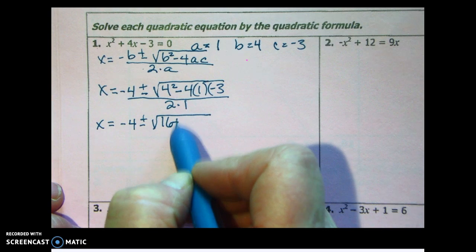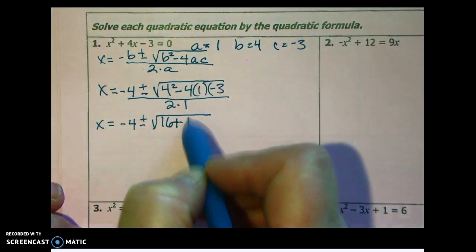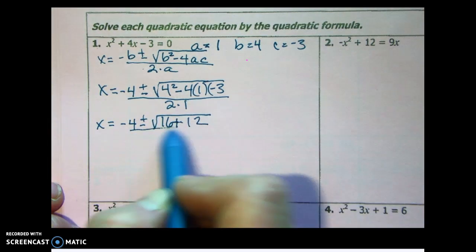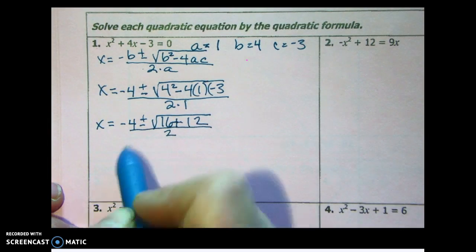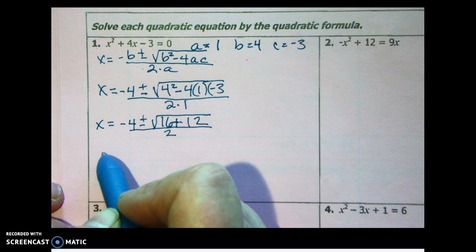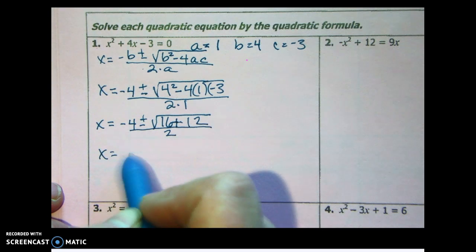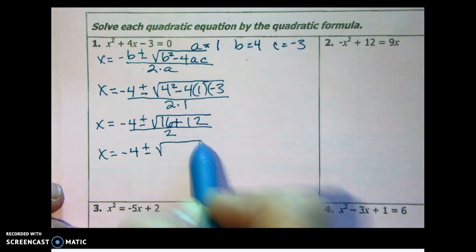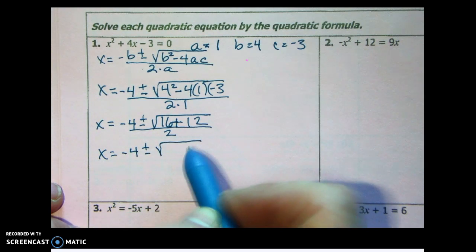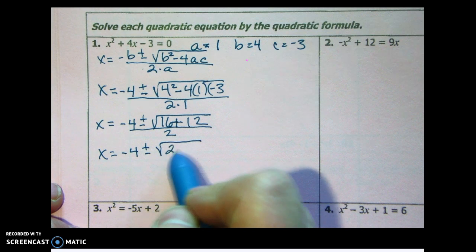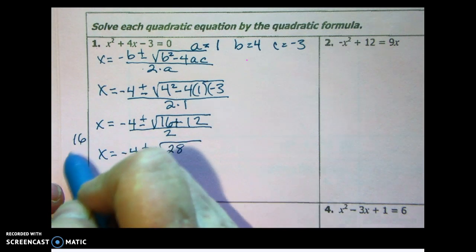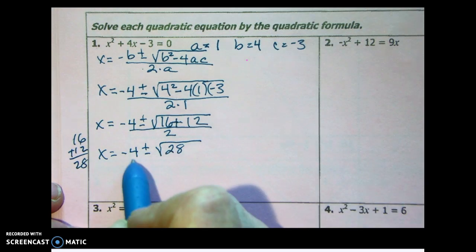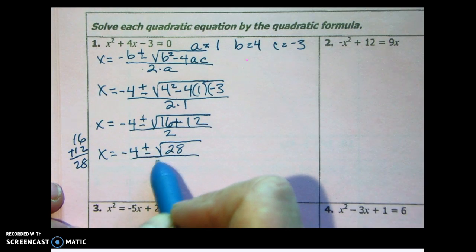I'm going to make that a plus, and I'm going to put 12, divided by 2. My next line down, x equals -4 plus or minus, and 16 plus 12 is 28. So I got 28 divided by 2.